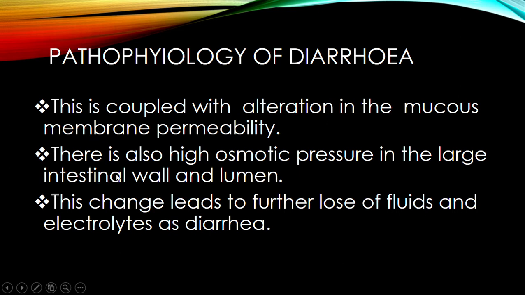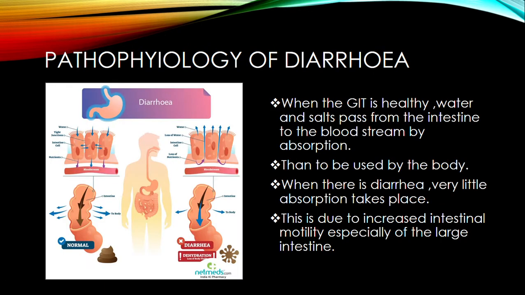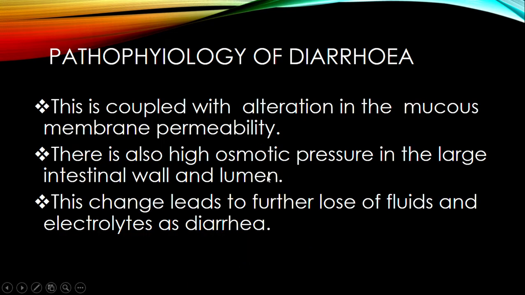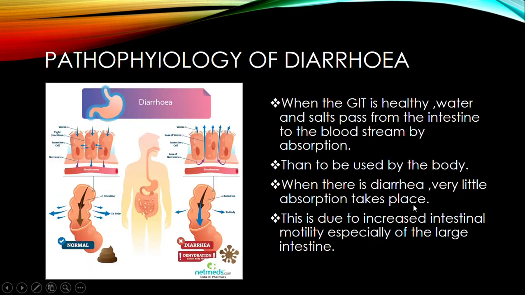So there is also high osmotic pressure in the large intestinal wall and the rumen. In the rumen here, there is a high osmotic pressure such that the water and the electrolytes are not being absorbed back into the cells.